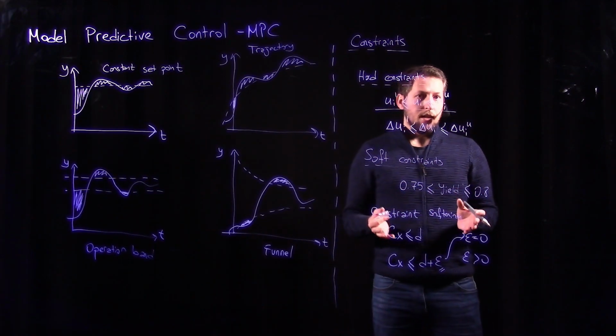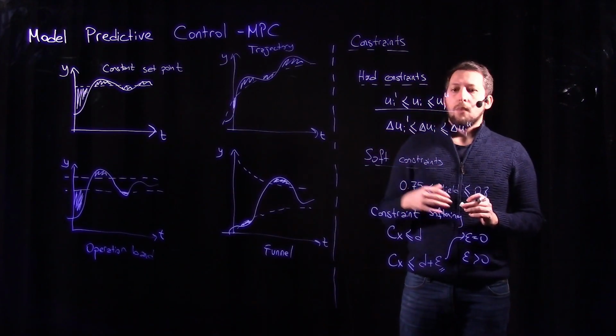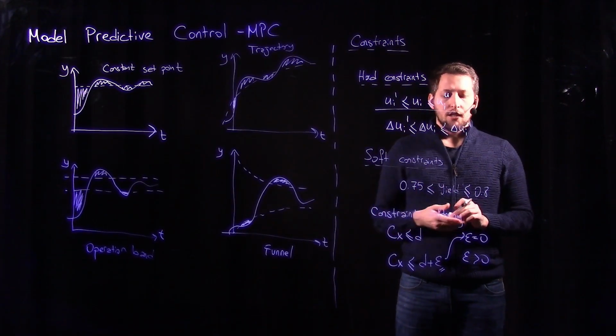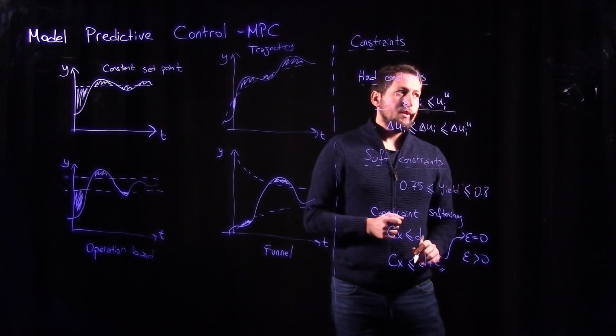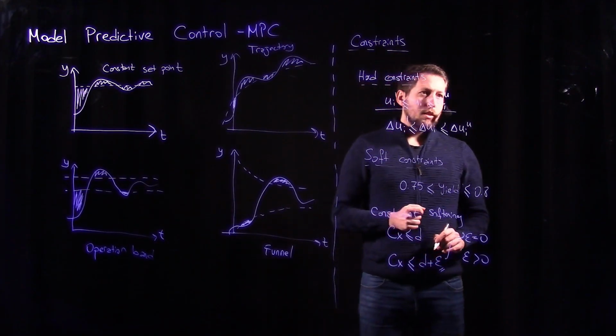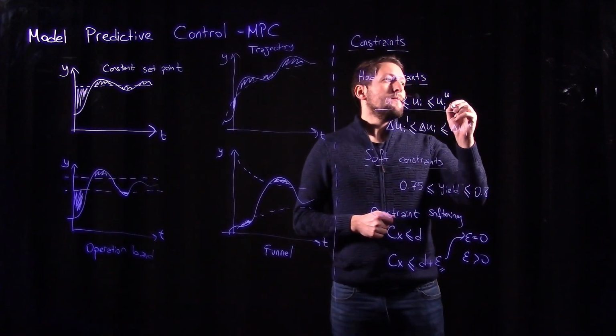How could this be done? So I can go back to my cost function representation and add an additional term that's based on this epsilon value. And it could be something like that.